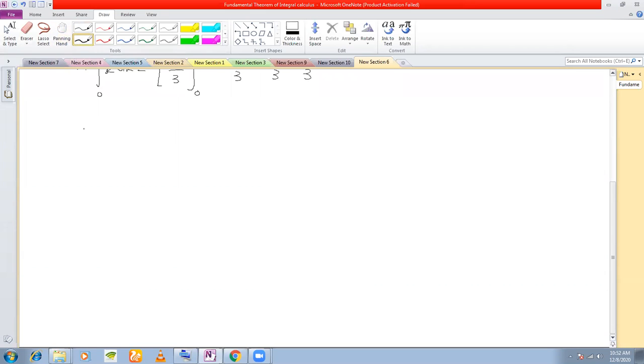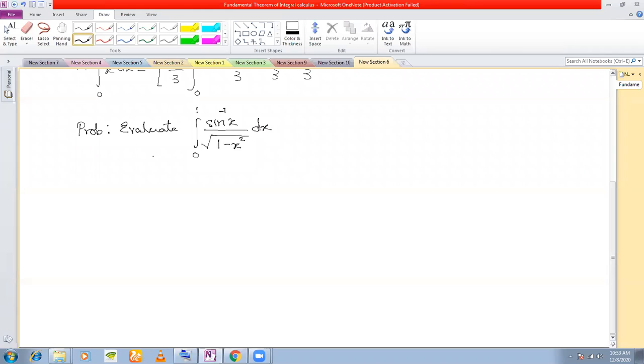Let us say that the problem here is: evaluate the integral from 0 to 1 of sin inverse x by root 1 minus x square dx. Suppose this is your problem given.